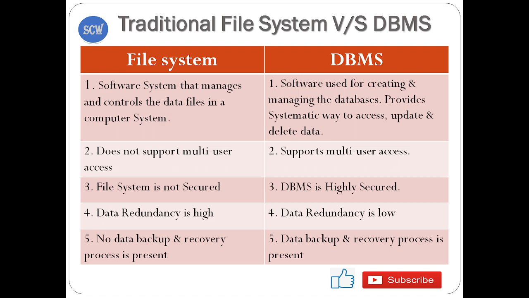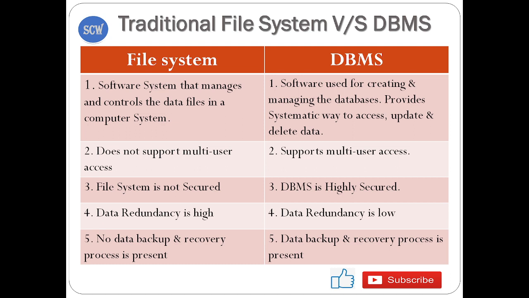And if an unauthorized person gets the computer password and opens the computer, then he can access all the data regarding the college because there is no password for each folder in the computer, right? So this is the drawback of the file system. In DBMS, we have secured software. DBMS is highly secured. Means the user can access the data only according to their views. Okay, so this is the advantage of the DBMS.